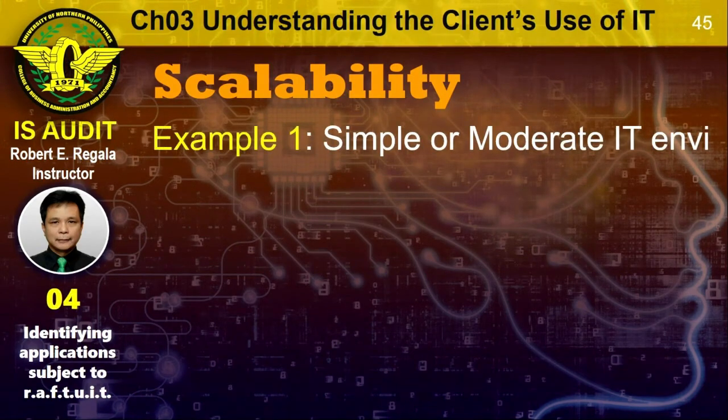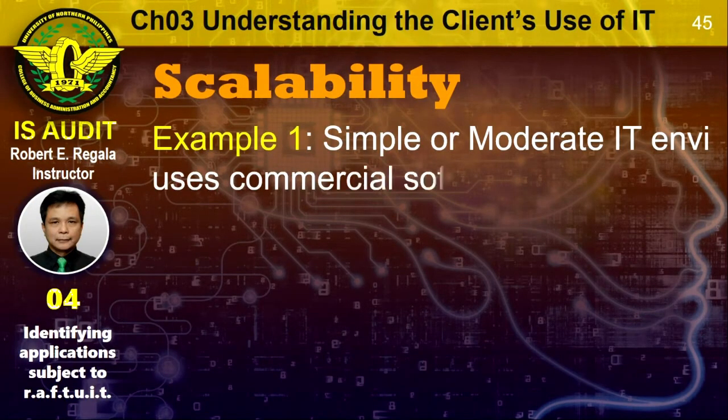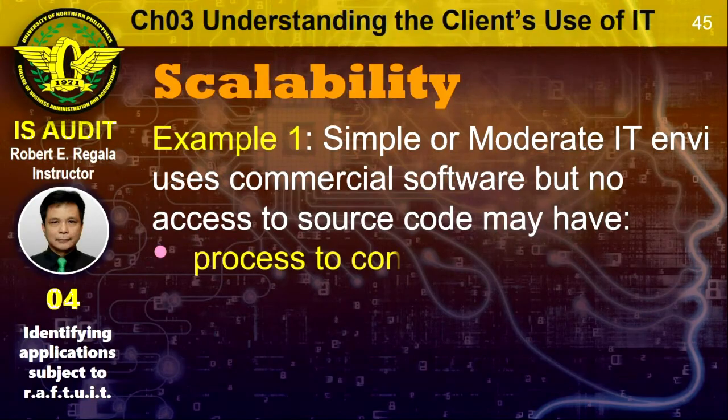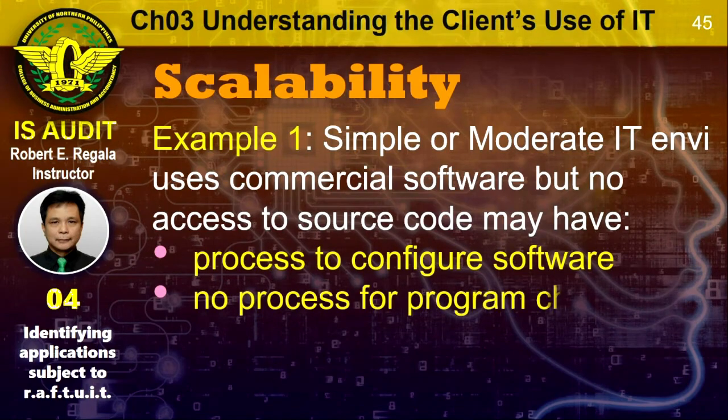An entity that has a simple or moderate IT environment and uses commercial software but does not have access to the source code to make any program changes is unlikely to have a process for program changes, but may have a process or procedure to configure the software. For example, the configured chart of accounts, the reporting parameters or thresholds.